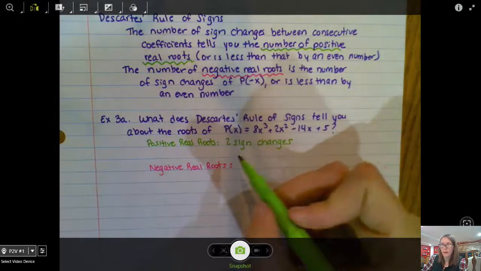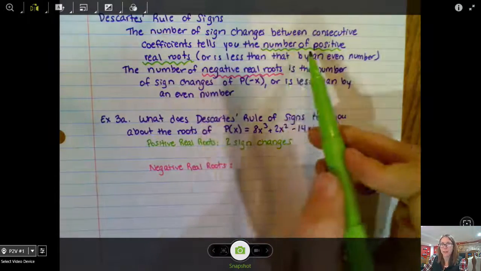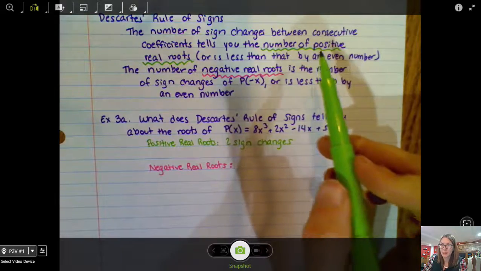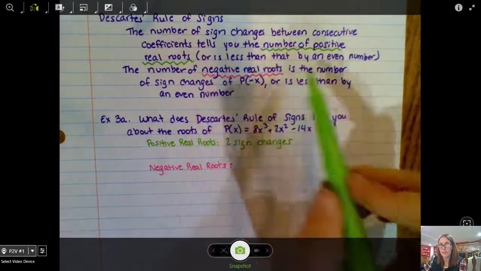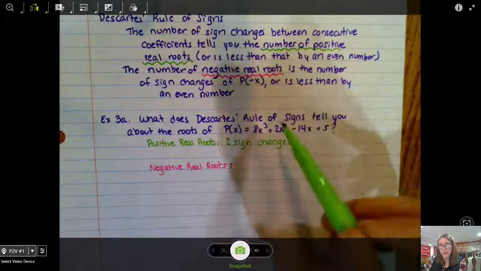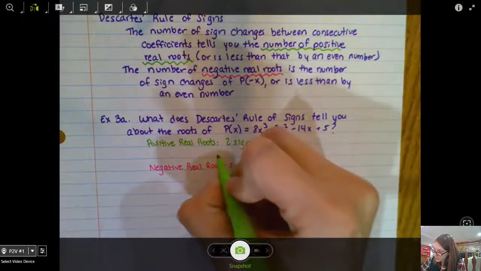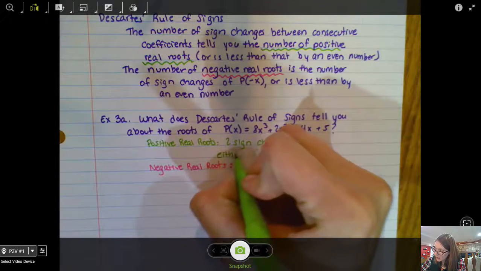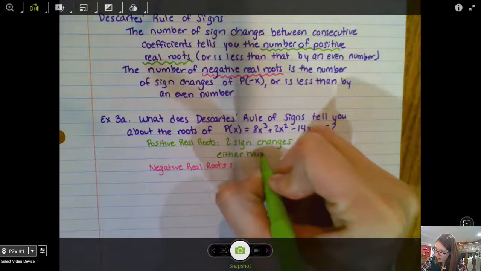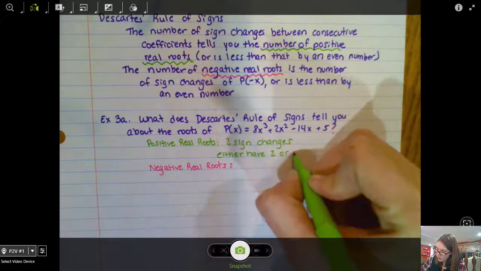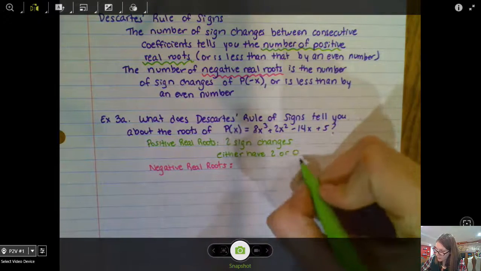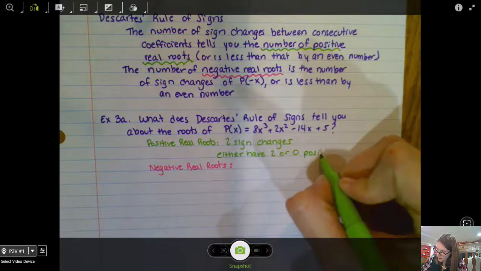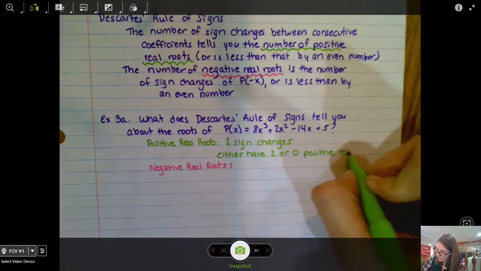Again, it says my number of sign changes tells you the number of positive real roots, or is less than that by an even number. So what this means, we either have 2 or 0 positive real roots.